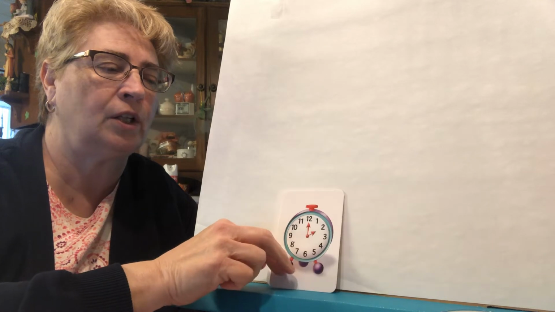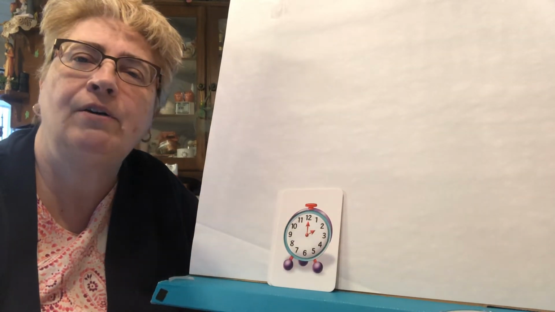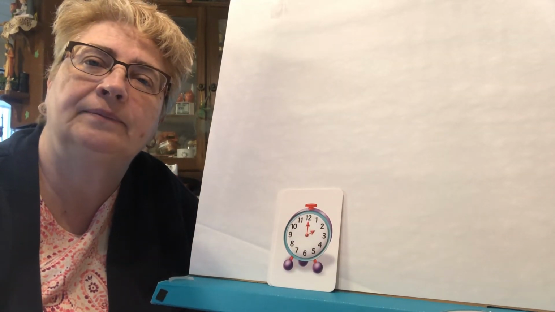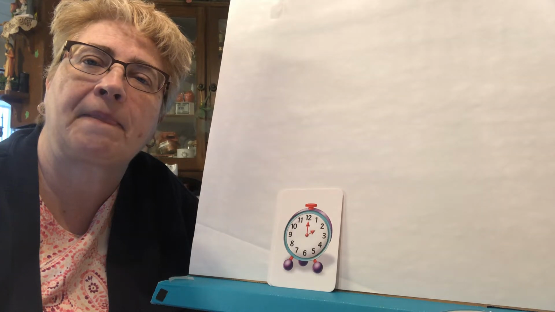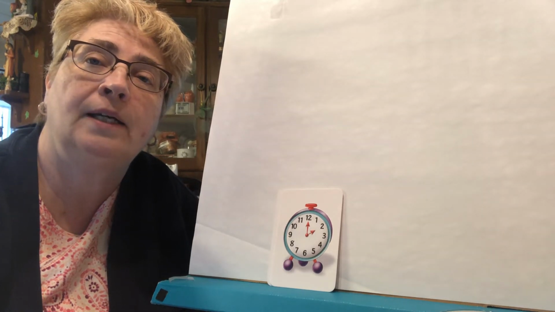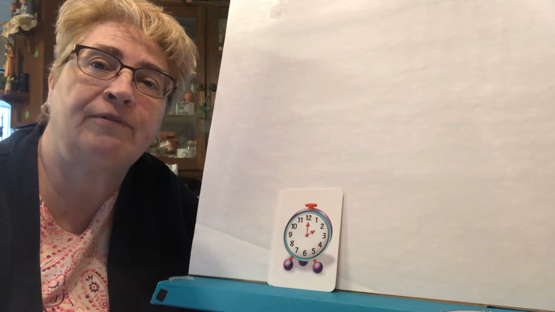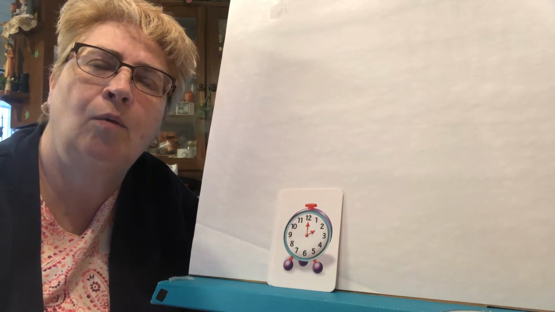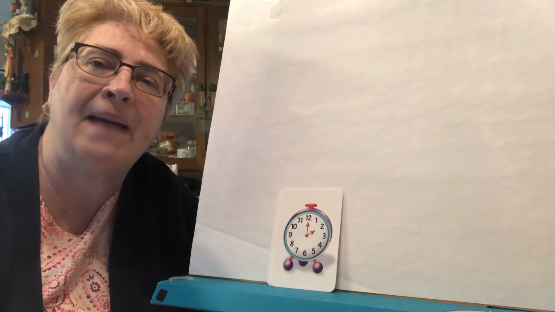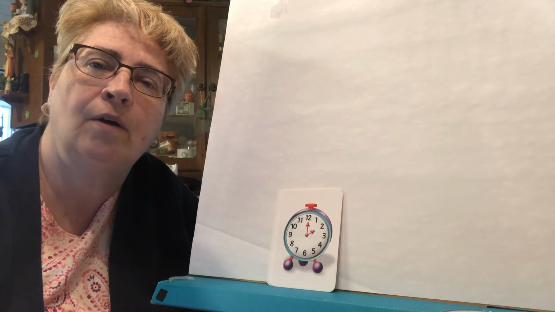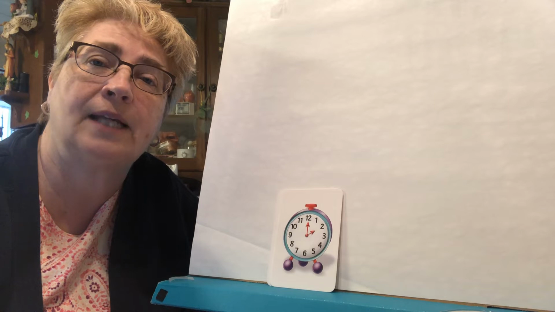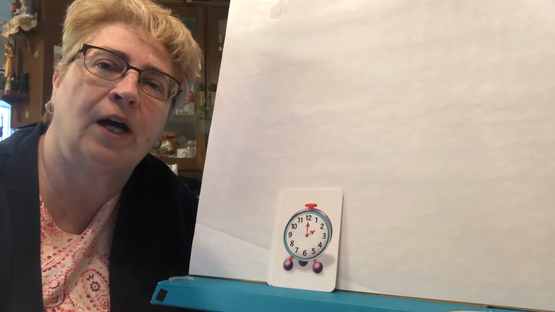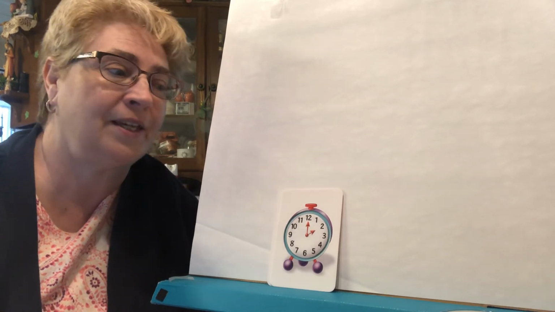If I show you this clock, how could you write that time digitally? Do you remember the special marks you have to make on the digital clock? What is that vocabulary word, that math word that we use for those two dots that we use to show that we're telling time? What do we call those two dots? That's a thinking question.